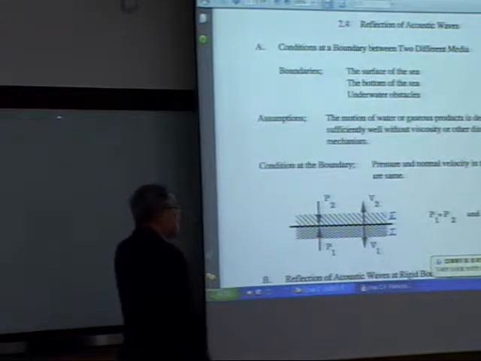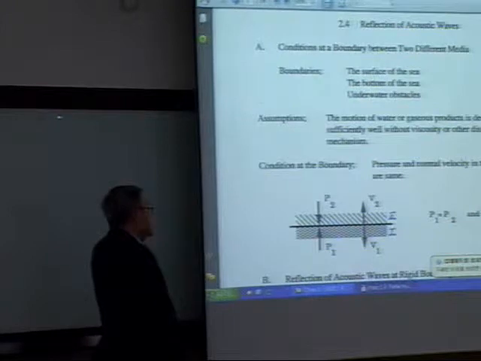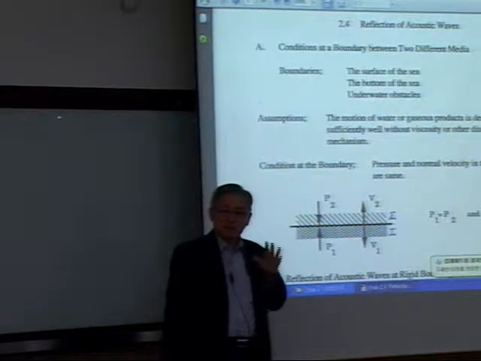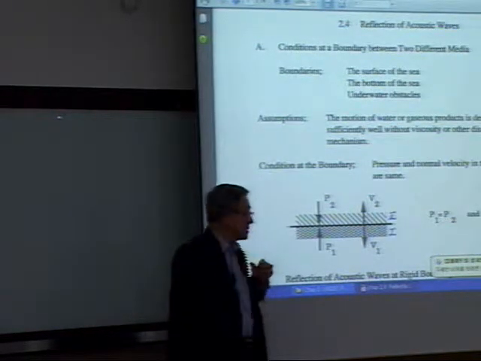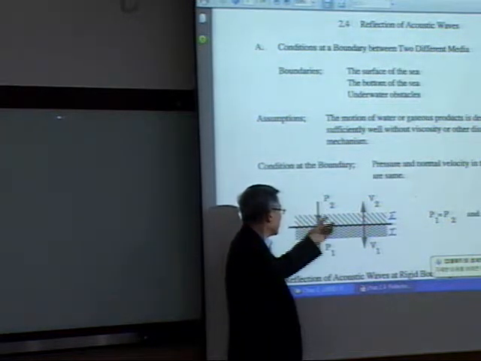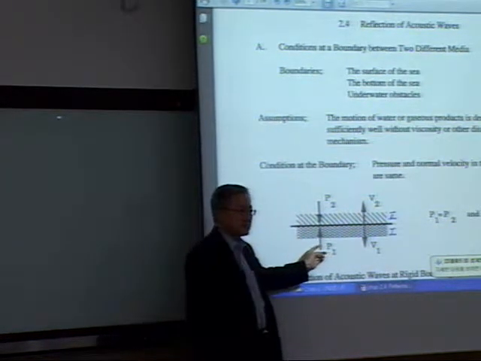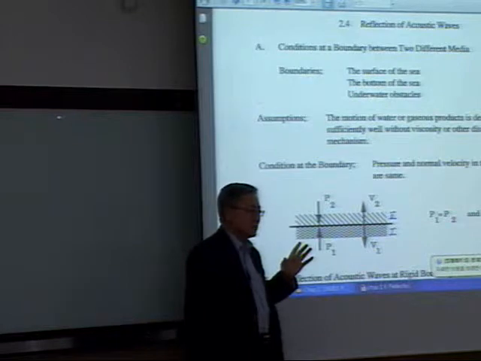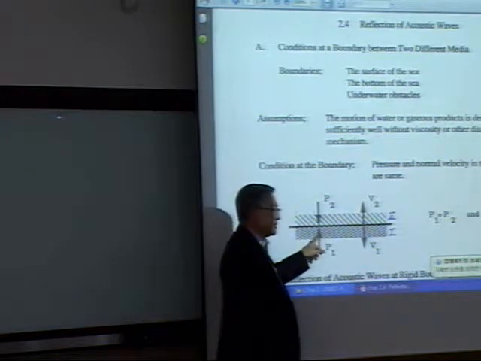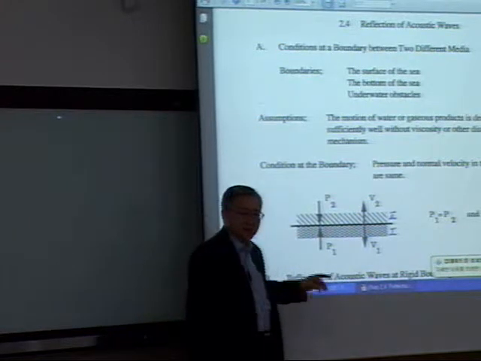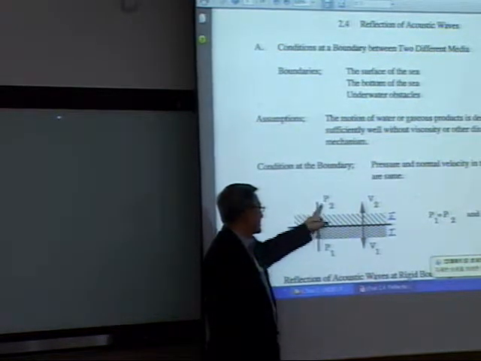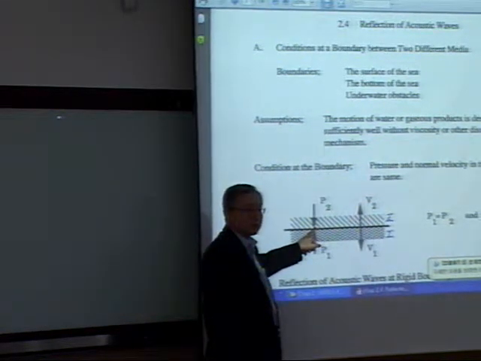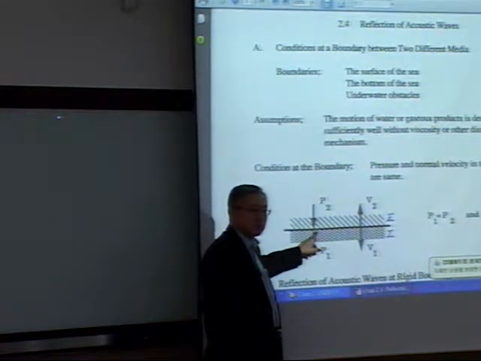Another condition at the boundary, there are two conditions at the boundary. When I say boundary, it is the interface between the two media. So there's a mistake here. What's the mistake? Pressure is not a vector. Pressure is a scalar quantity. But I put the arrow, not by accident. This looks like pressure, but I'm just talking about the pressure at the point very close to the boundary.